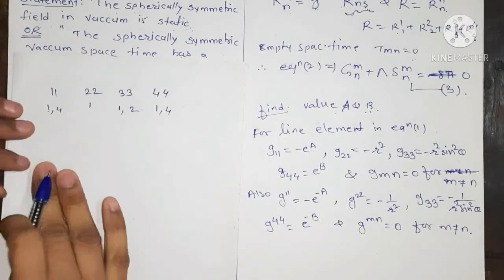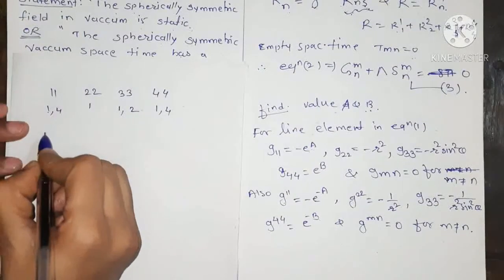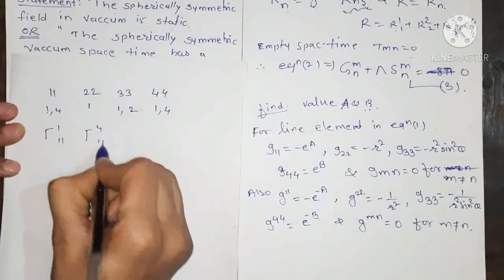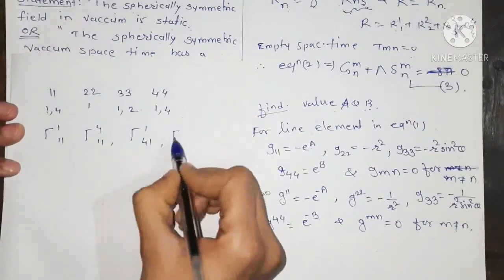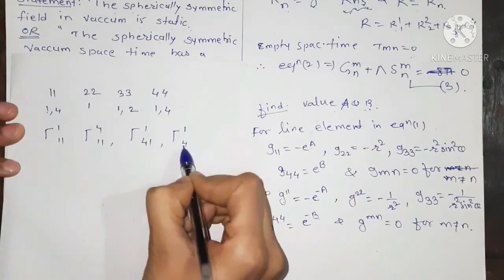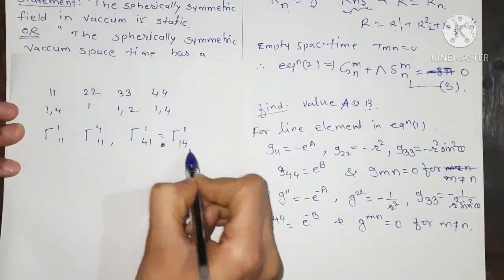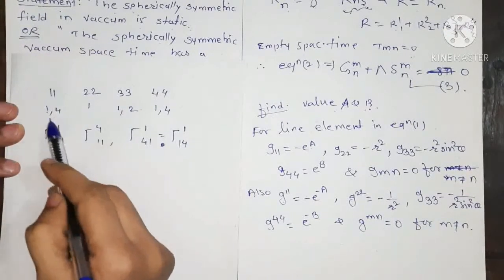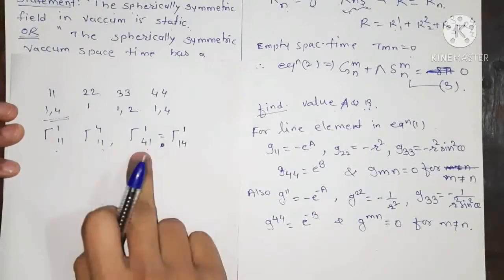Now, from this, our list of non-vanishing Christoffel symbols is given by gamma of 1 1 1, gamma of 4 1 1, gamma of 1 4 1, and gamma of 1 1 4, okay, as gamma of 1 4 1 is equal to gamma of 1 1 4. So the list of non-vanishing Christoffel symbols from this is the first, second and third, and both are equal.